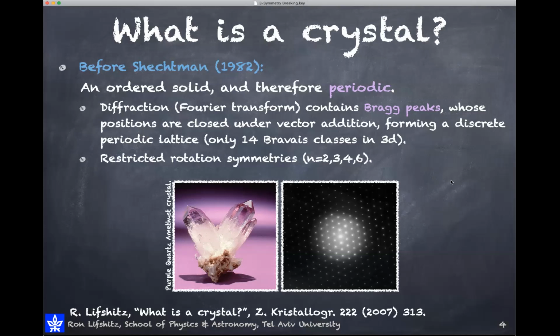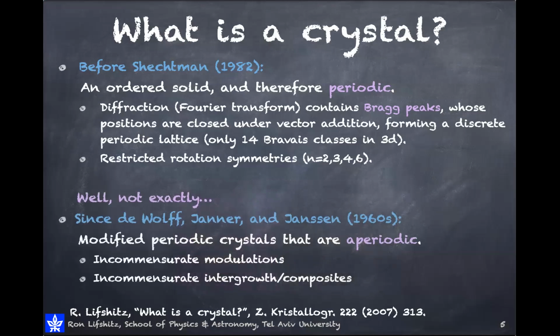Now, this is not exactly true, because already in the 1960s, through work of de Wolff, Janner, and Janssen, it became clear that you can actually take a periodic crystal and slightly modify it in such a way that it loses its periodicity, but it still retains its correlation in space, it still retains its long-range order, it still retains its Bragg peak diffraction.